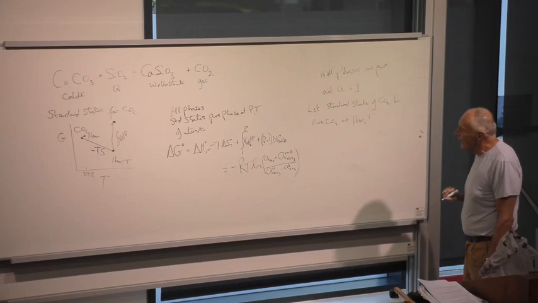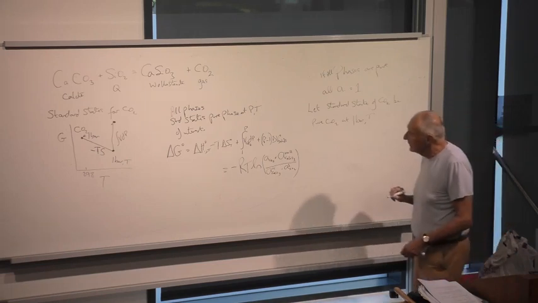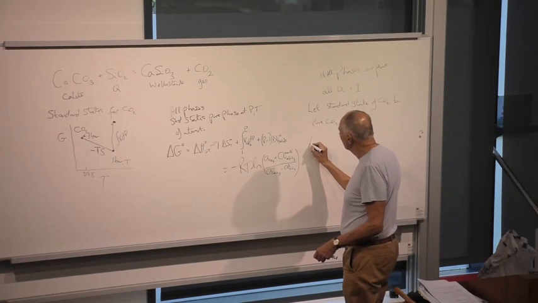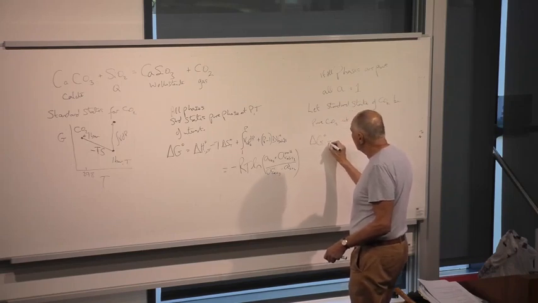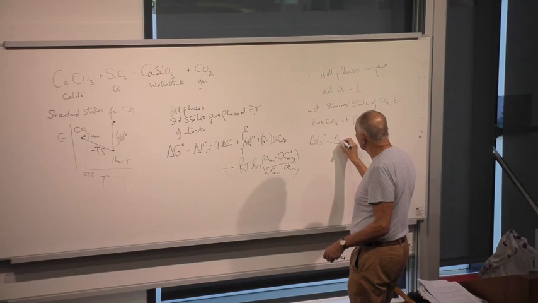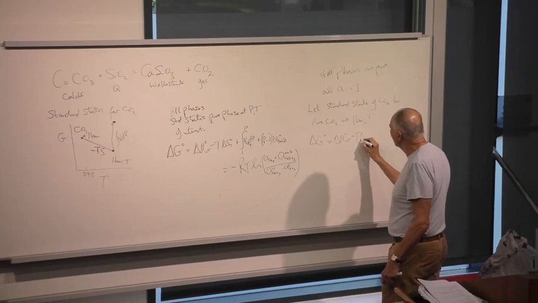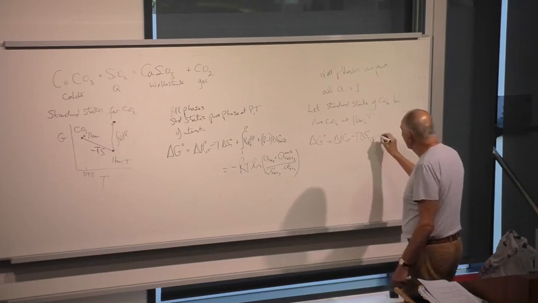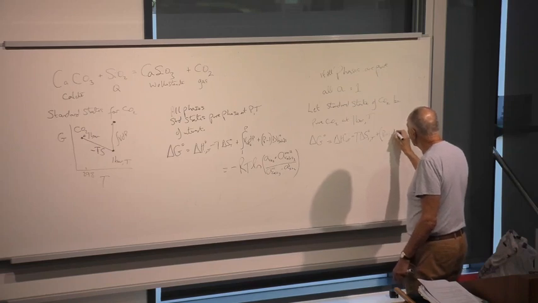So what happens now? So delta G0 is equal to delta H0 at 1 bar and T, minus T delta S0 at 1 bar and T, plus P minus 1 into delta V solids.